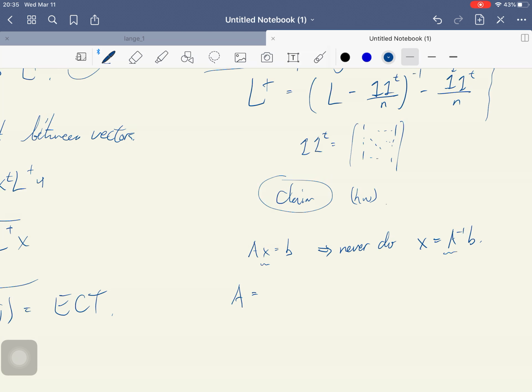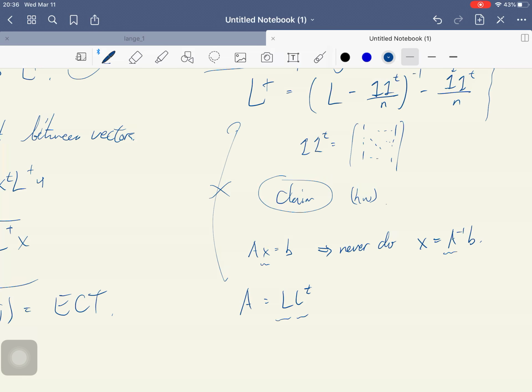Cholesky means that you can factor some matrix A as L times L transpose. Well, this L is not equal to the other L. You can factor the matrix into a lower triangular matrix times the transpose of the lower triangular matrix. This is just a general factorization.